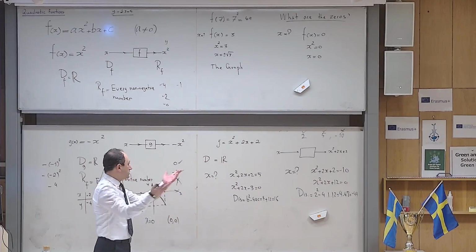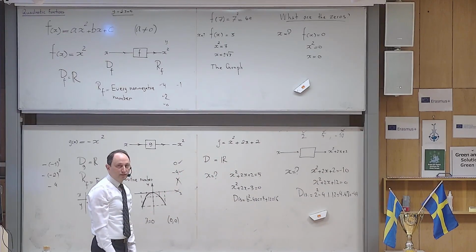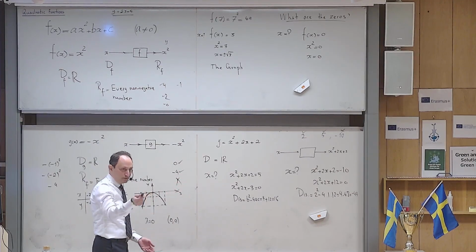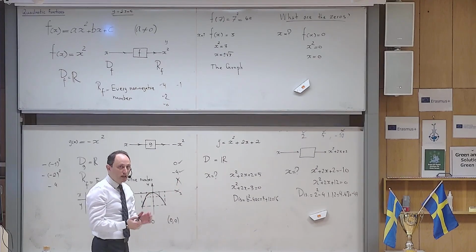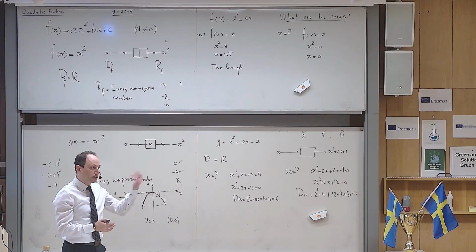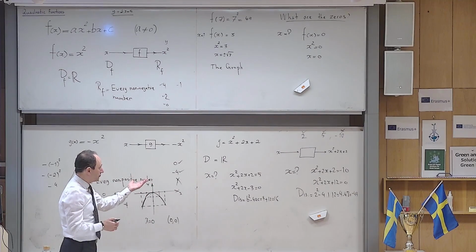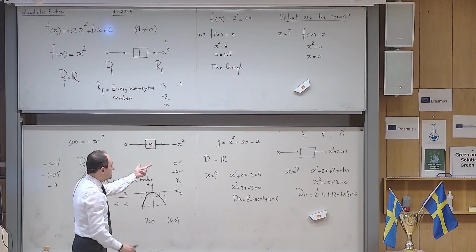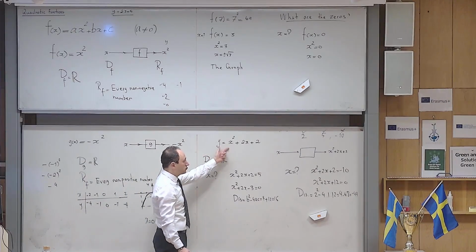But if I ask you, what do you think about the totality of the range? You cannot do this forever. This is why I'm saying that range is a hard question, especially at the high school level, but you can use a graphical tool. But in the case of quadratic equations, it is not hard.